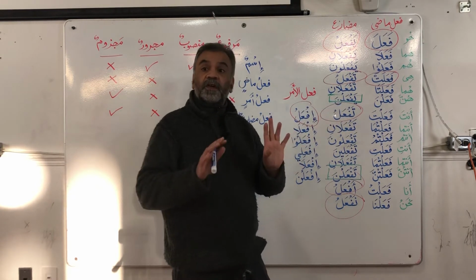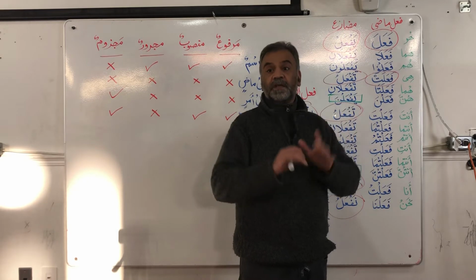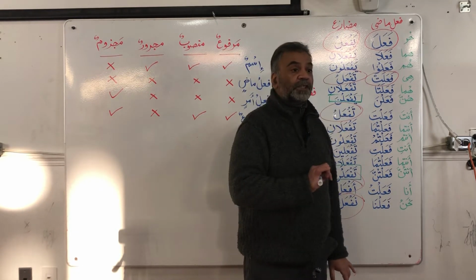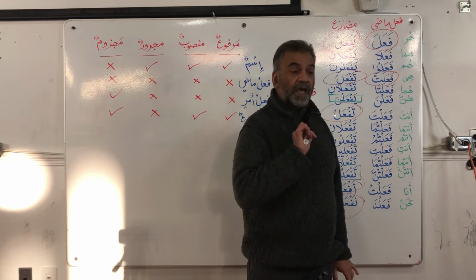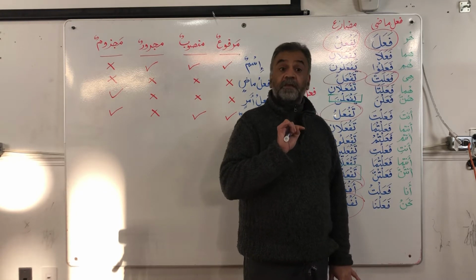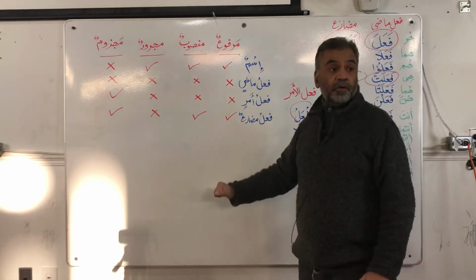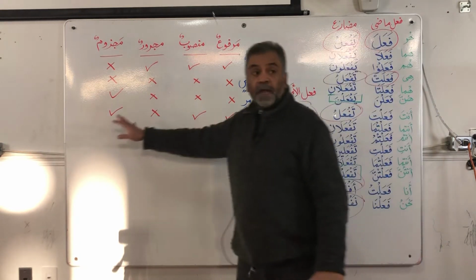Yaf'alna, now yaf'alna is mabni. This noon here is representing the doer of the action, the fa'il, right. But we have already established that fi'l mudare can be marfu, can be mansoob, and can be majzoom.